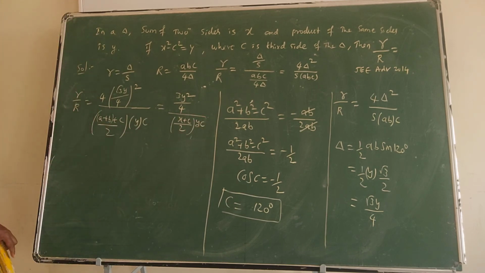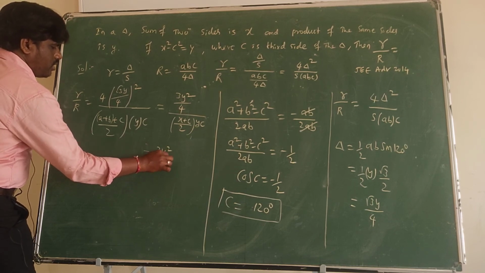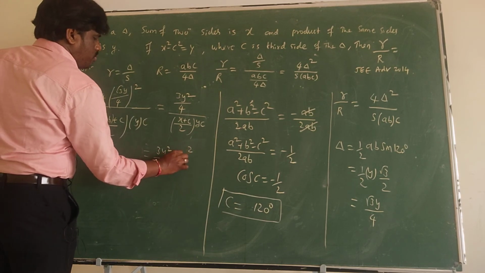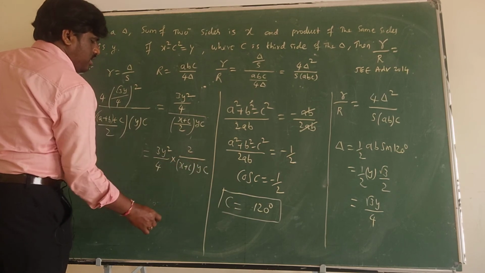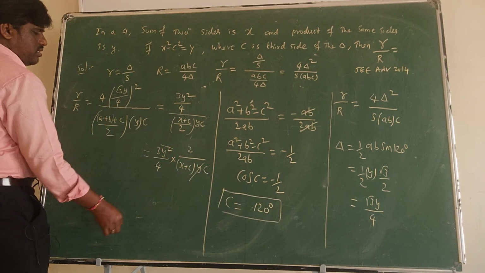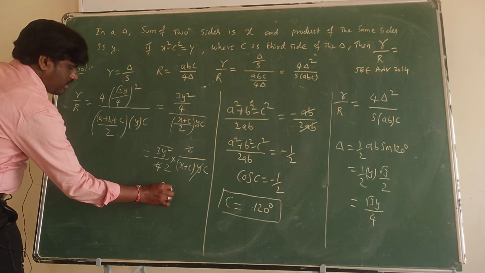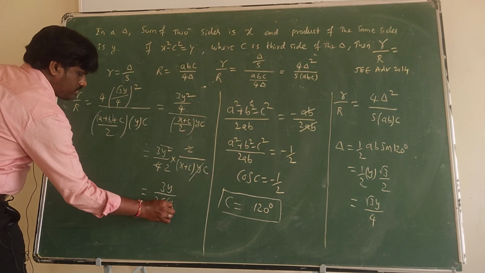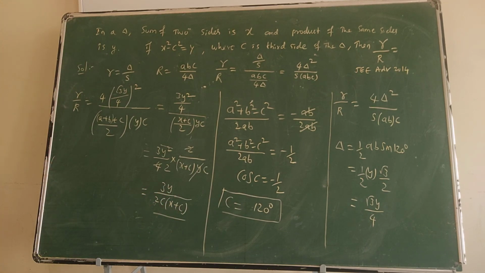Further simplifying, I get 3y squared by 4 into 2 by x plus c into yc. One y cancels, and the 2s cancel out. So the answer is 3y by 2c into x plus c. This was the correct option in the exam. So we have completed this JEE 2014 Advanced question.